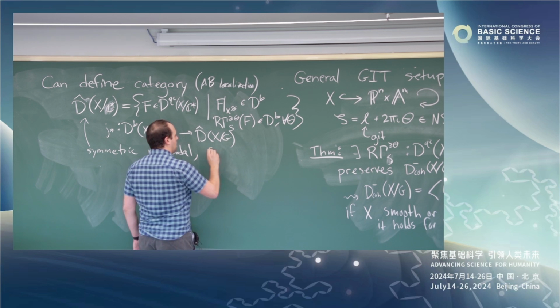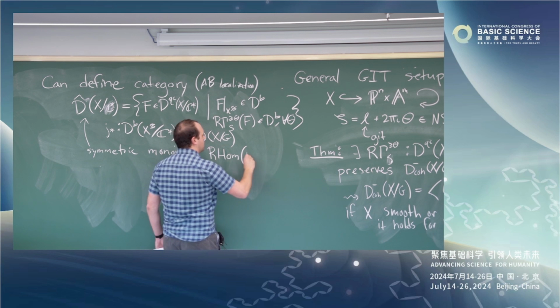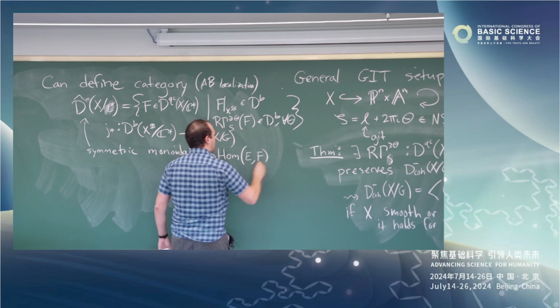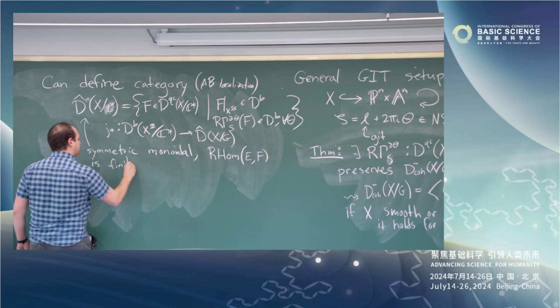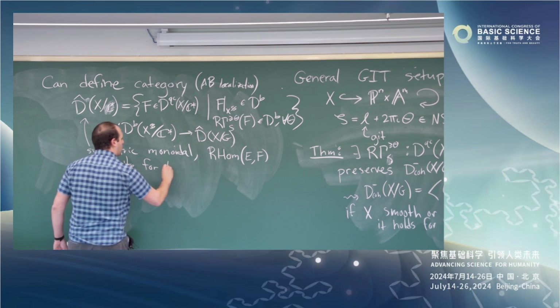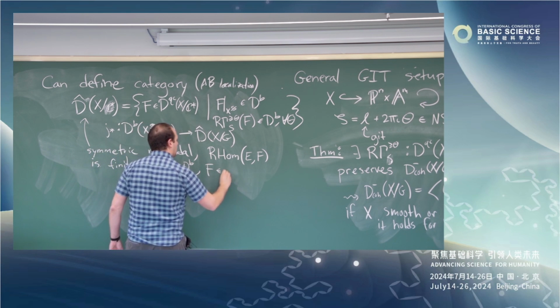So, you know, R hom from E to F is finite for E in dB and F in D hat.